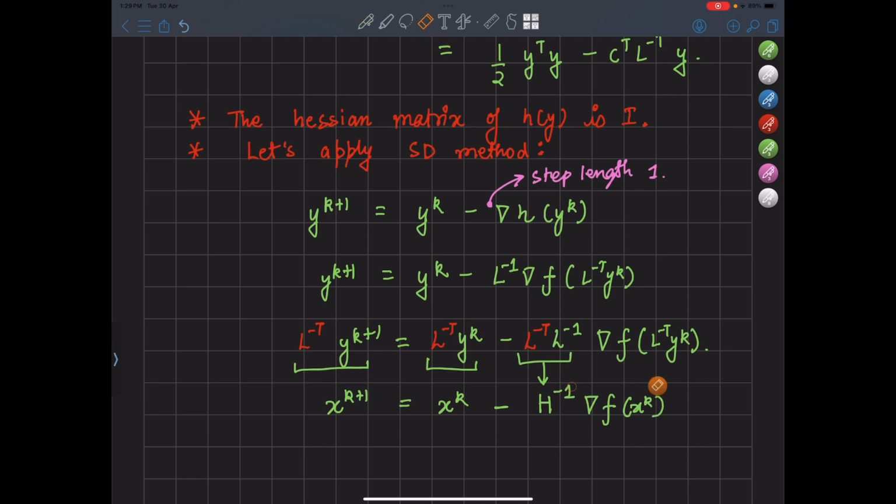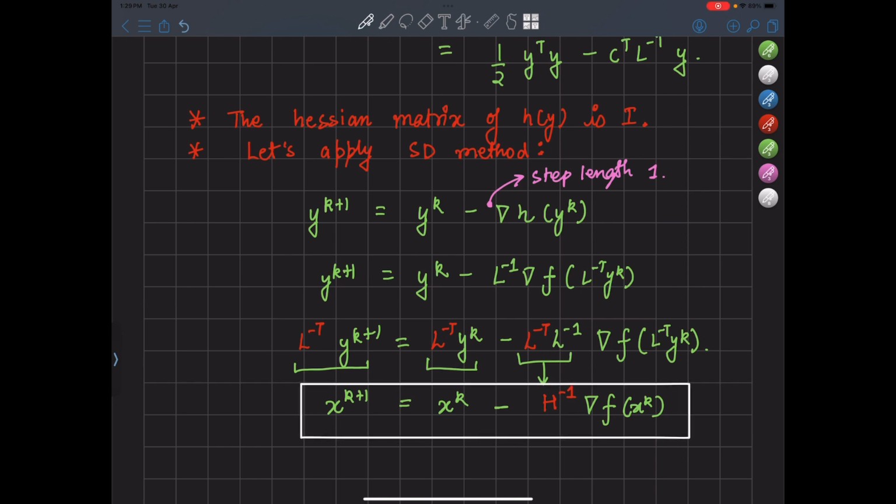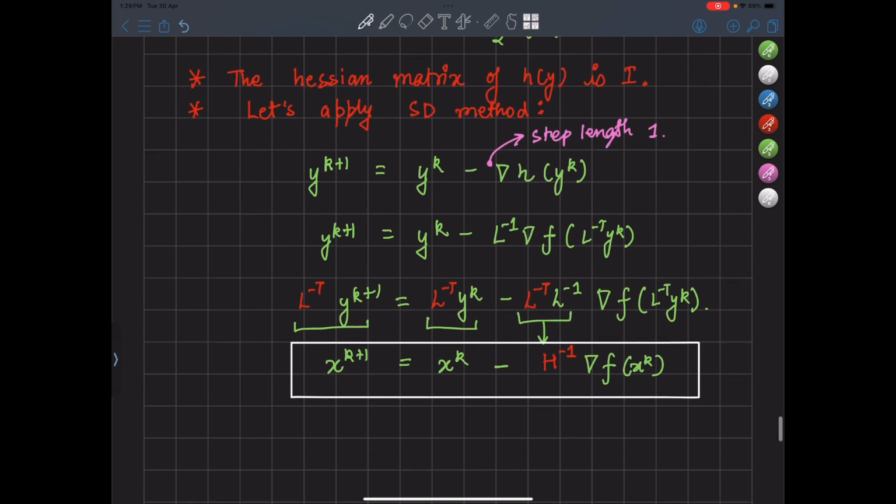All right, so this is the new formula for steepest descent, or maybe you can say the modified algorithm. If you transform the coordinates such that the elliptical contours convert to circular contours, this is the new algorithm that we get.